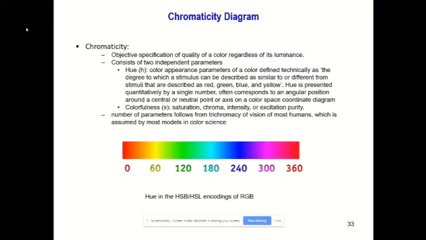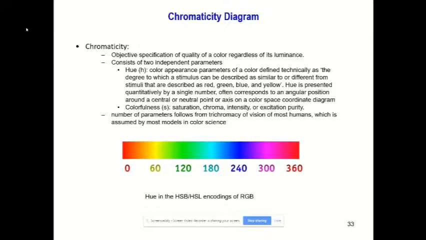In the picture shown below, there is an example of the chromaticity diagram of the HSB and HSL. Basically, these two models, for example the HSL, represent hue, saturation, and lightness, and HSV represents hue, saturation, and value.